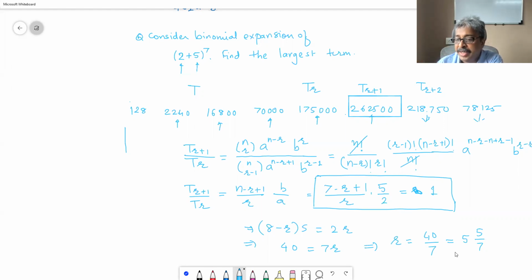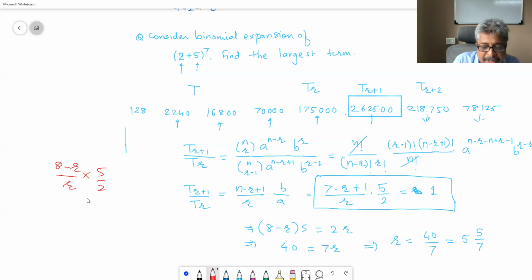So suppose I choose the smaller integer than the value I have got. Will that do my job? Because if I take the next one, 6, then what will happen? Let us see. This is the equation that we have: (8 minus r) upon r into 5 by 2.